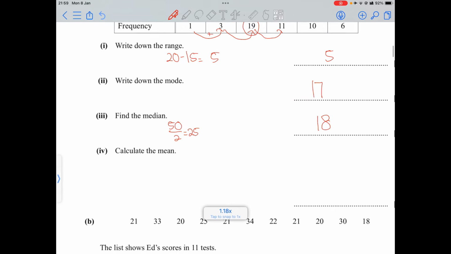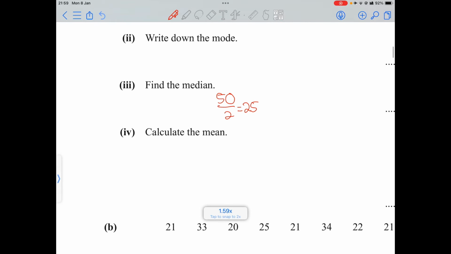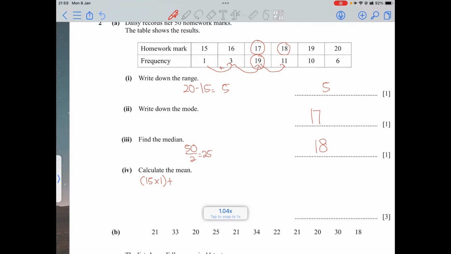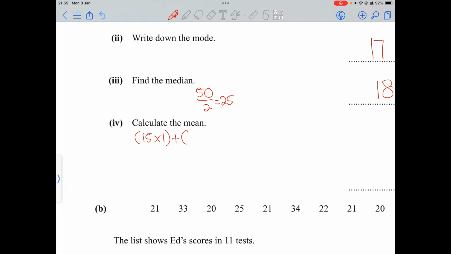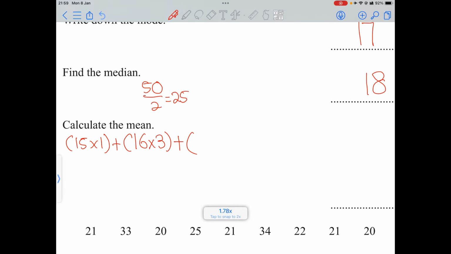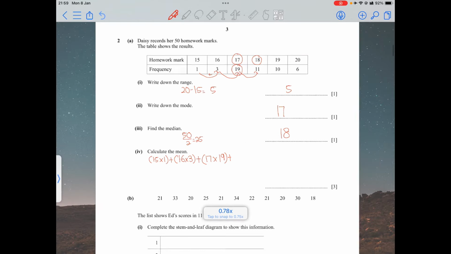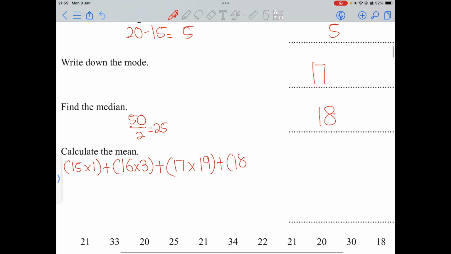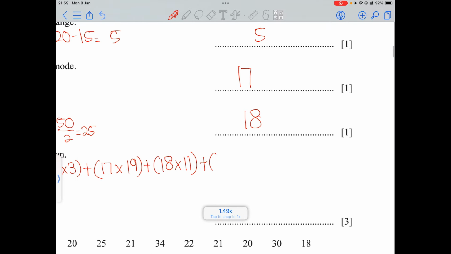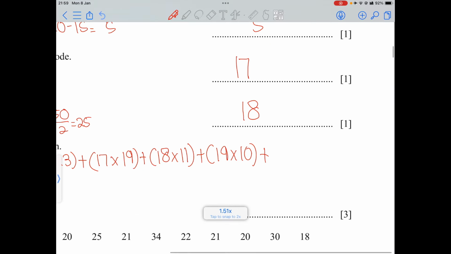Calculate the mean. The mean is going to be a simple calculation. So it basically is the mark times the frequency: 15 times 1, plus 16 times 3, plus 17 times 19, plus 18 times 11, plus 19 times 10, plus 20 times 6, and the total frequency was basically 50.